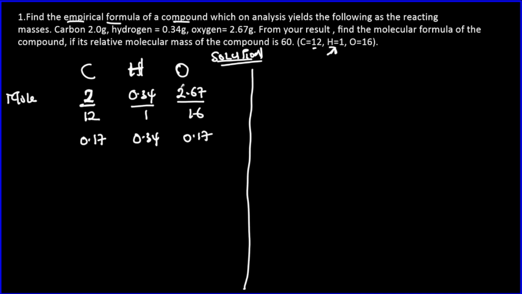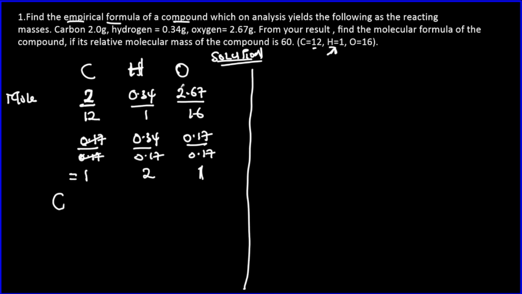So the next step, this is the mole of each element. If you remember, in the next step I said you divide by the smallest mole. The smallest mole here is obviously 0.17. So divide everything by 0.17 to get the whole number ratio. This gives us 1, this gives us 2, and this gives us what? 1.